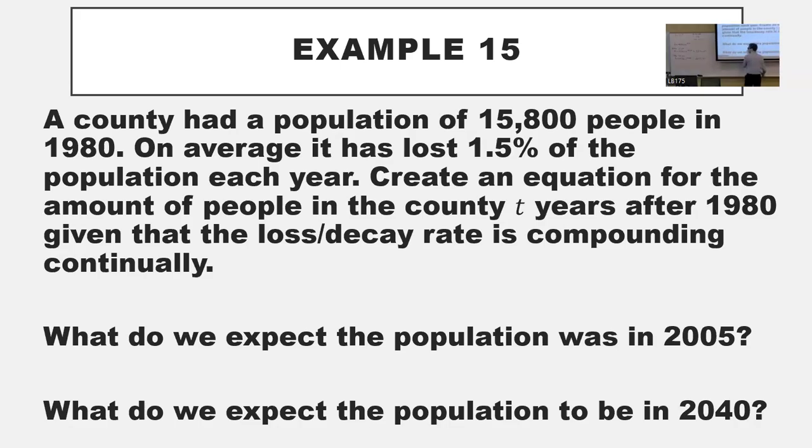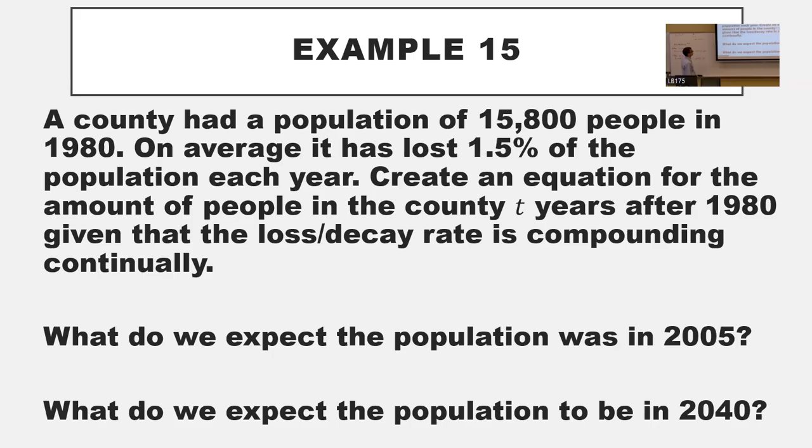So let's do one more example. A county had a population of 15,800 people in 1980. On average, it has lost 1.5% of its population each year.